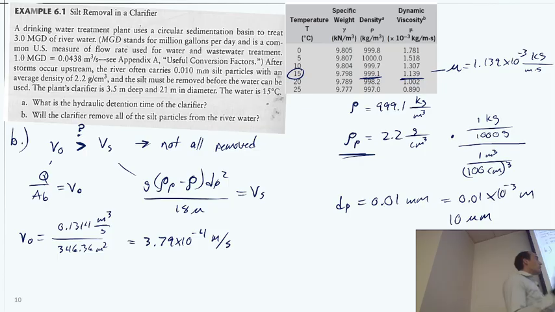Whichever way you take it, you're going to end up with a number that is 10 to the minus 5 meters. So that's our diameter of the particle that we're going to need. We want to put everything in meters because all the pieces will go nicely if they're all in meters. Technically, you could put them all into centimeters. I don't recommend doing that.